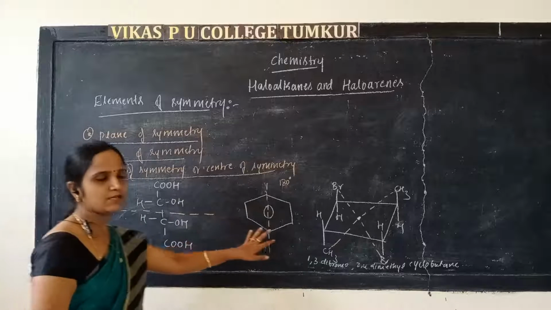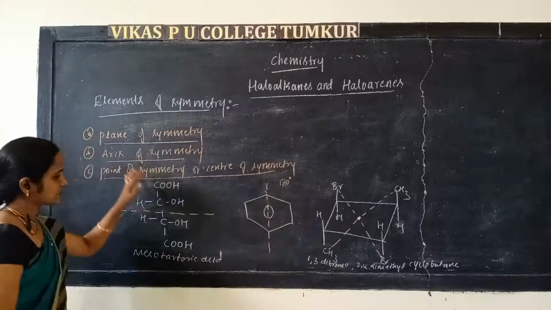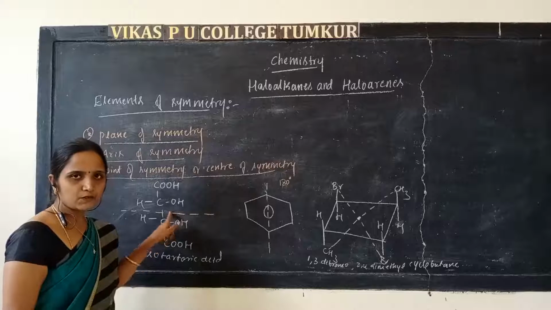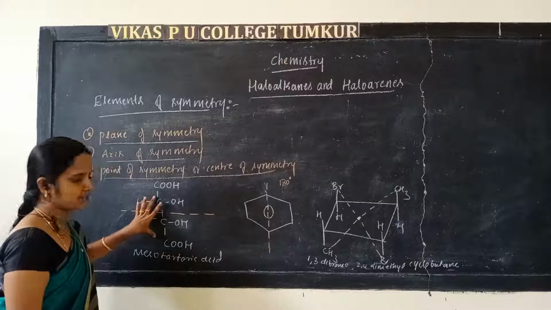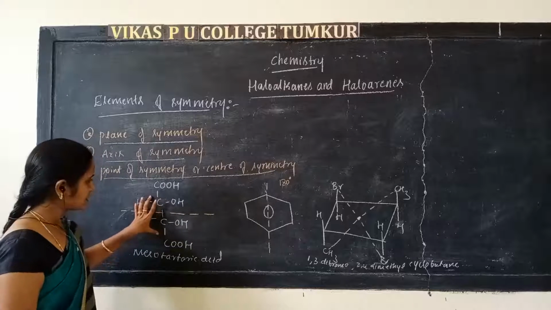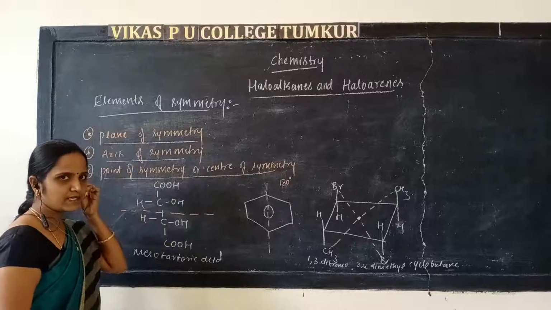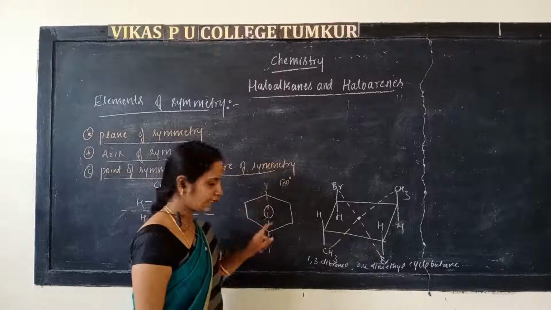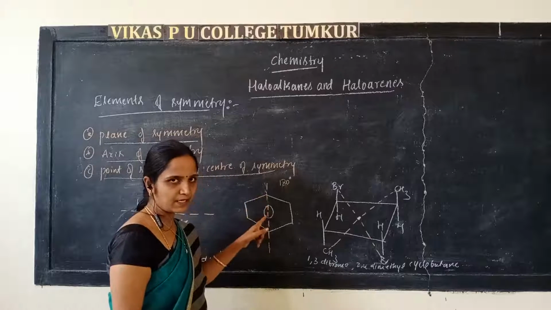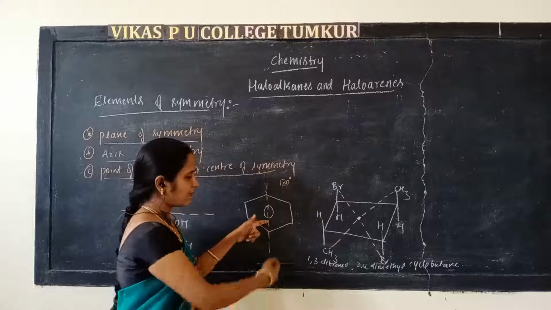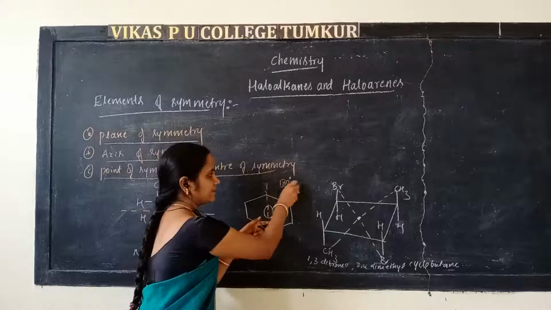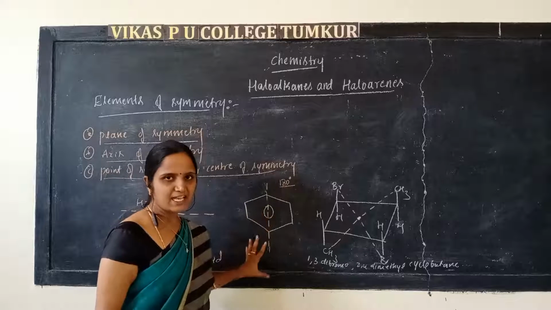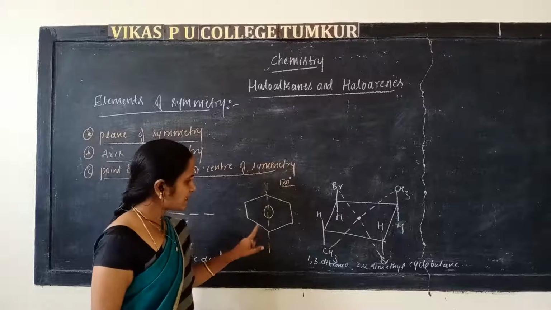So in these three, you can observe that the plane of symmetry means the line drawn in the molecule gives two equal halves. The axis of symmetry means the molecule rotated 180 degrees about the imaginary axis encounters the same appearance.